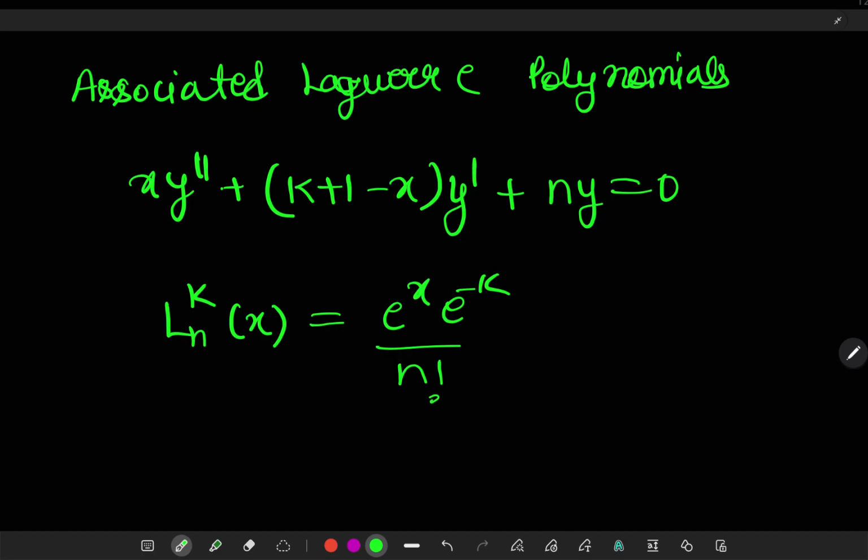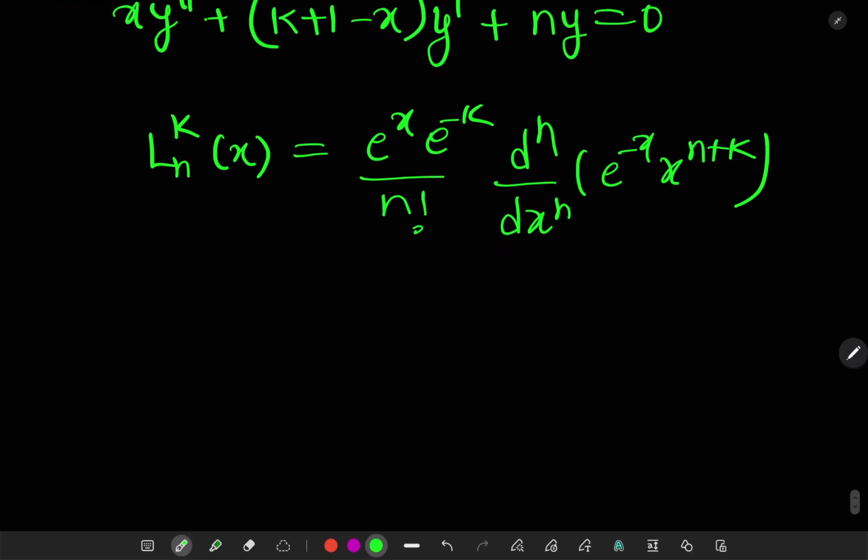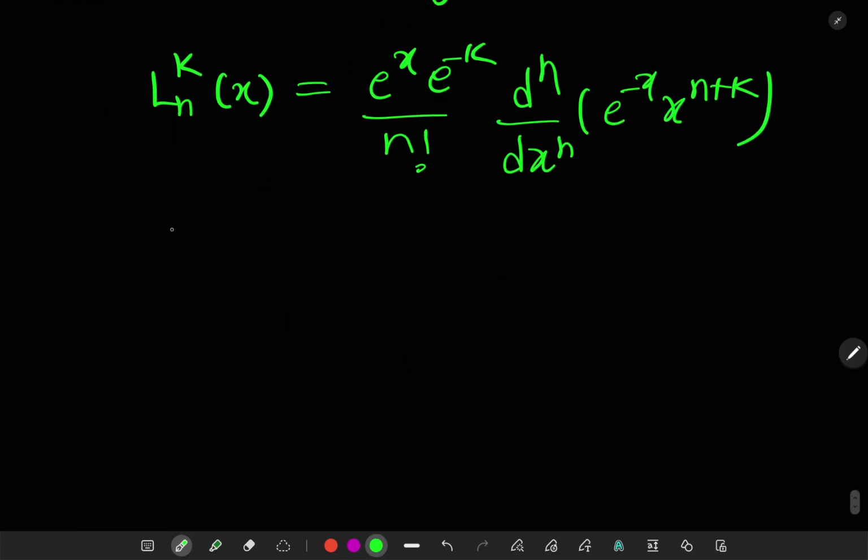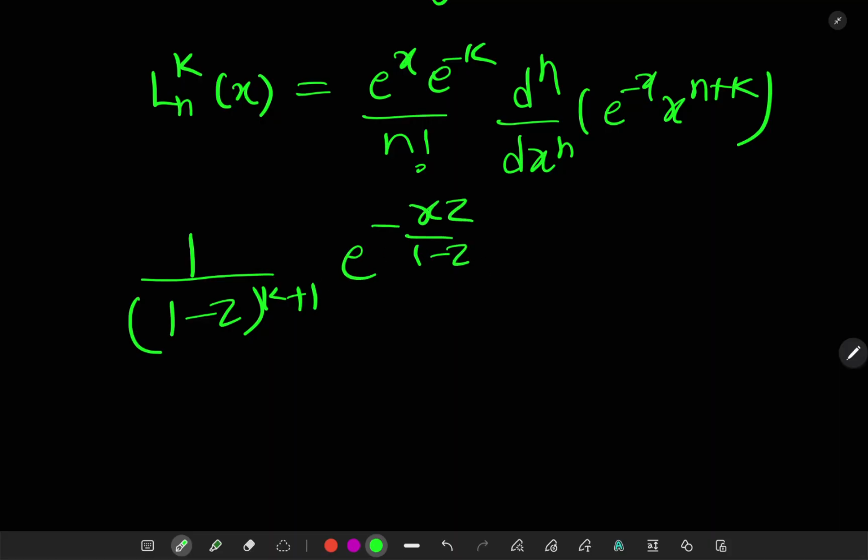Here this k represents differentiation of Laguerre polynomial k times. Now, generating function of associated Laguerre polynomial. This is the generating function of Laguerre polynomial.